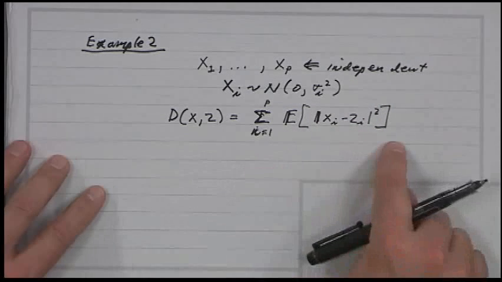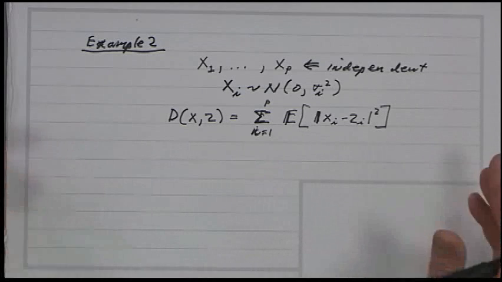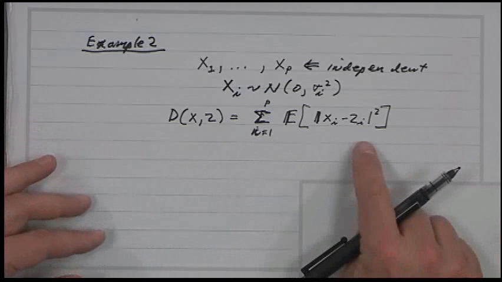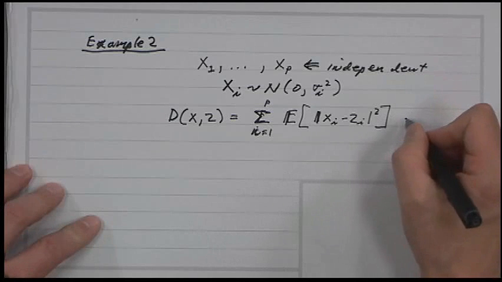So now I sum all these things to get the distortion. I can pick any distortion metric I want, but for this distortion metric I can calculate the exact rate. This is mean squared error distortion.